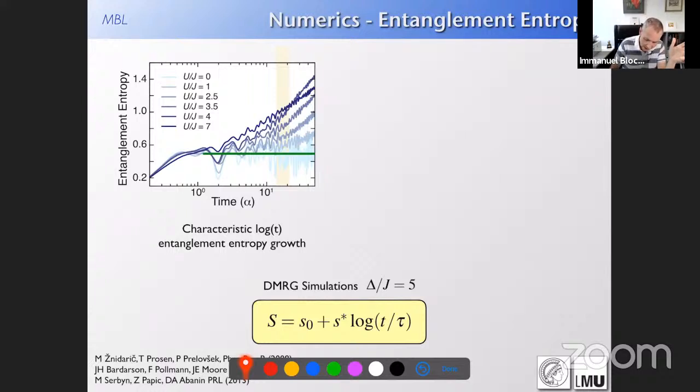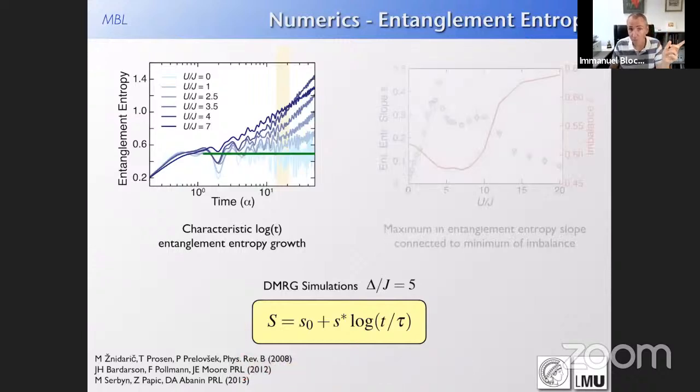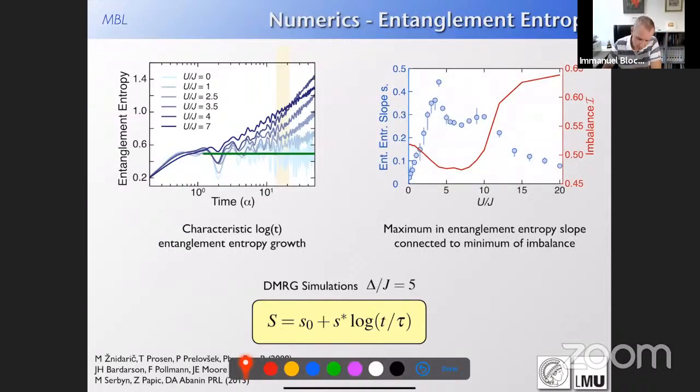And you see basically for the non-interacting system, you just have a quick increase of the entanglement entropy until it reaches a steady state here, Anderson localization. And then in the interacting case, you have this characteristic log T entanglement entropy growth. And if you compare the slope of this log T function to the steady state imbalance that you see under these conditions, you can see that this is kind of a mirror image.